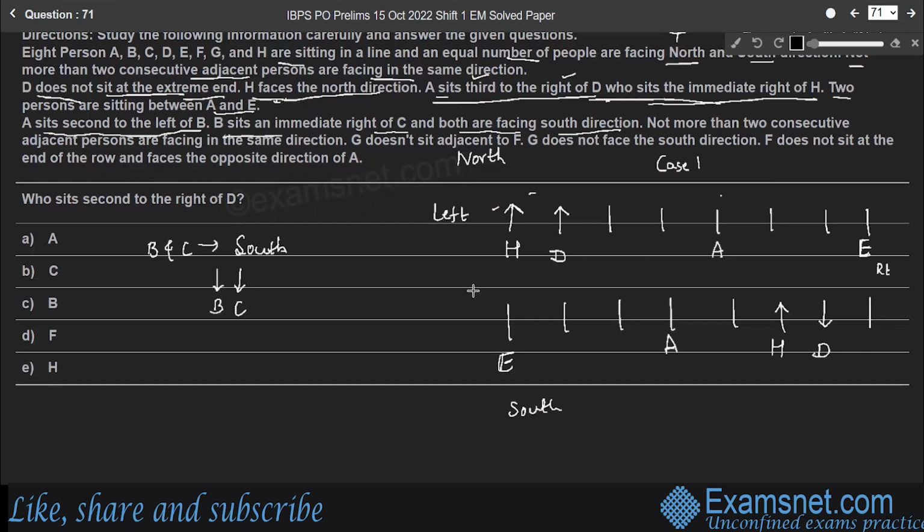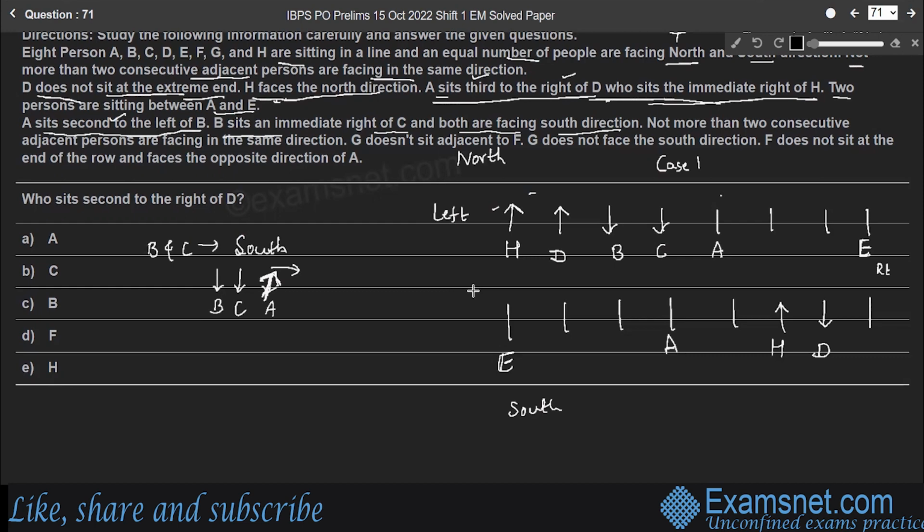And A sits second to the left of B. To the left of B means this direction. So after C, A is sitting like this. And what about the direction of A? North direction. So in case 1, B and C are facing south, B sits at the immediate right of C and A is sitting second to the left of B.